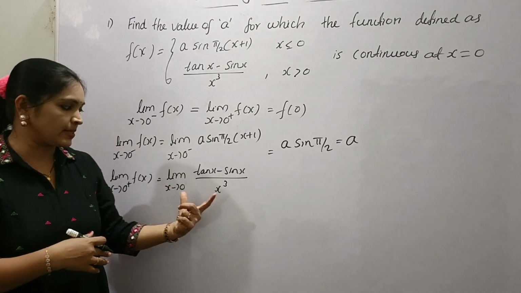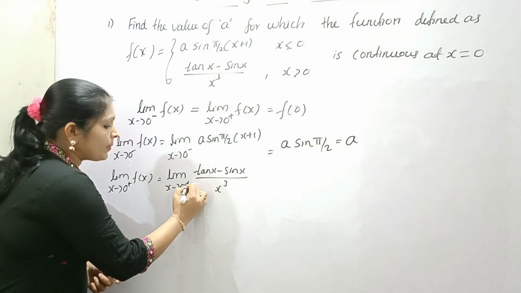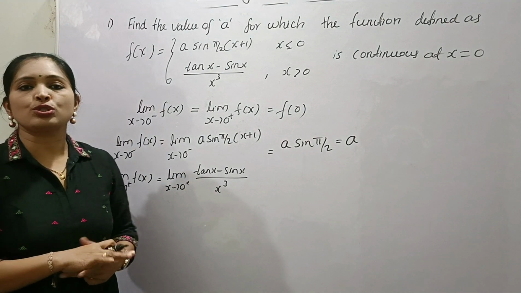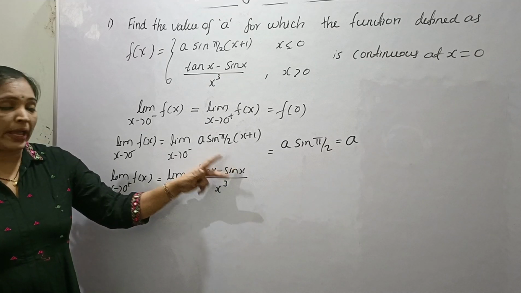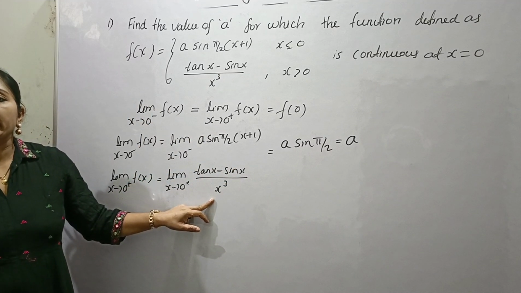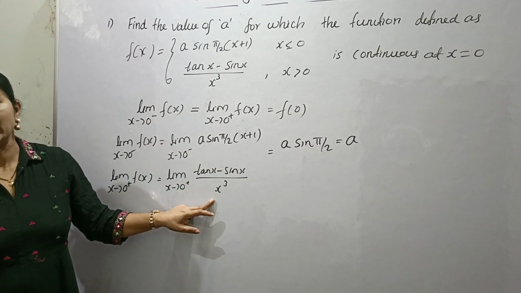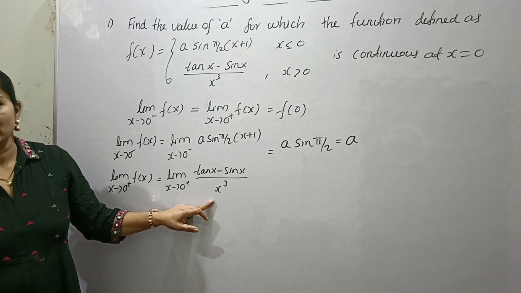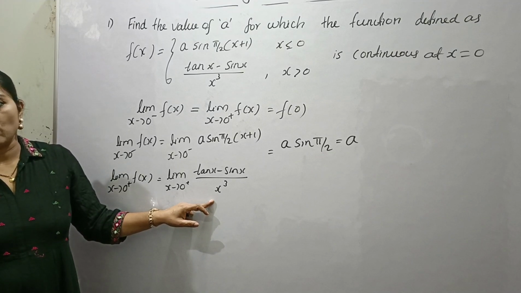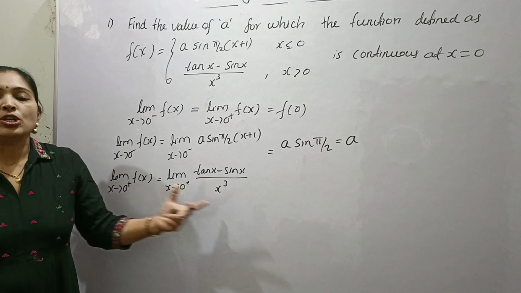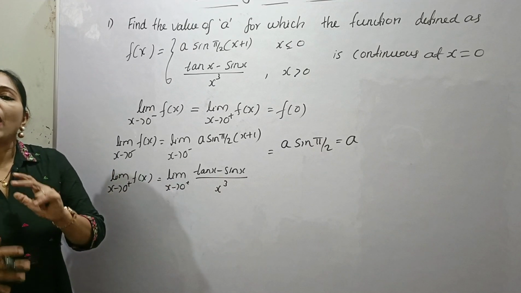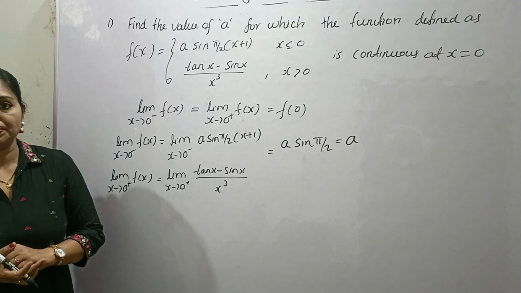Substitute x is equal to 0. What will you get? Tan 0 minus sin 0, which is 0, and in the denominator you will get 0. You will get a 0 by 0 form, which means it is undefined. So in this case we have to apply other methods.